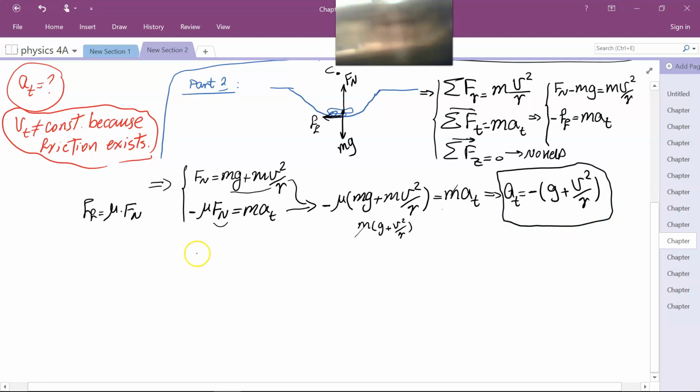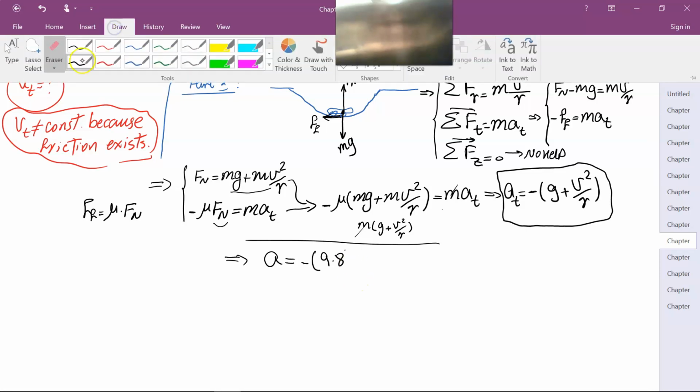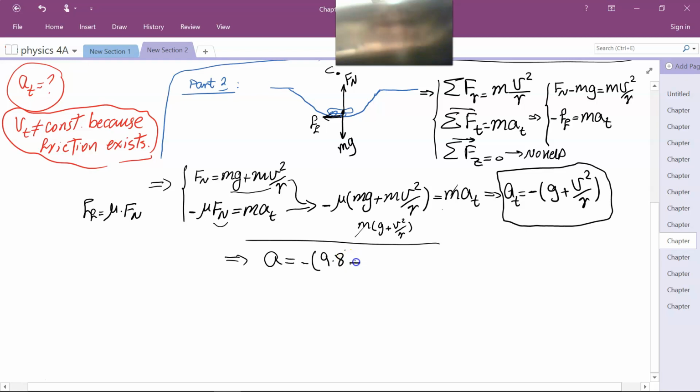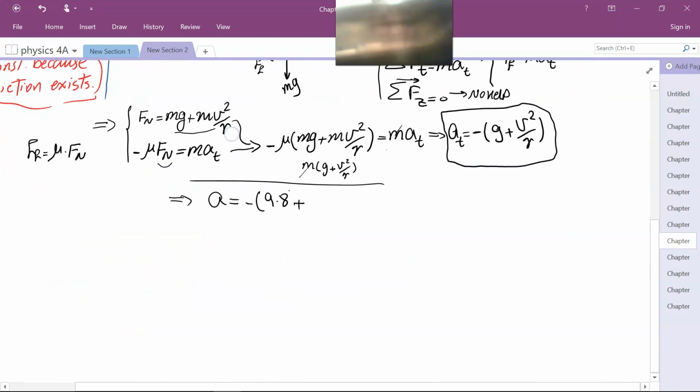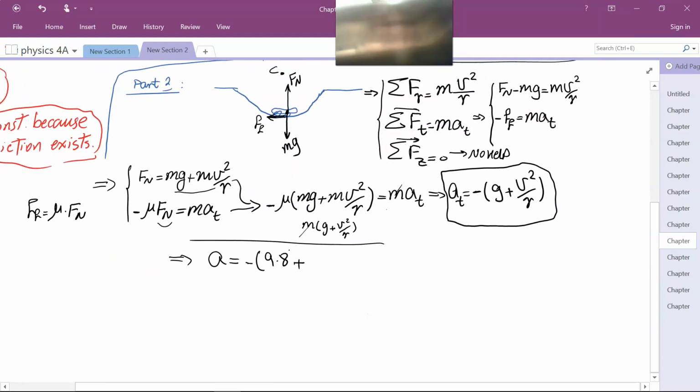Good? Now if I find the values, g is 9.8, velocity is 25 meters per second, 25 to the power of 2 divided by radius.